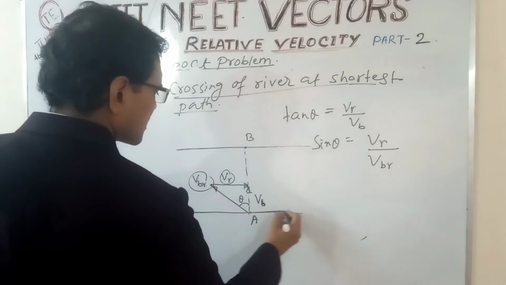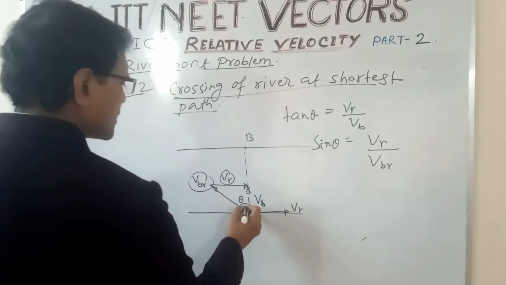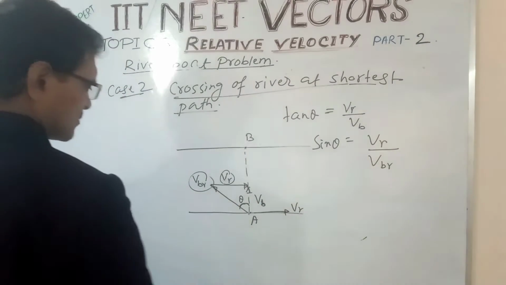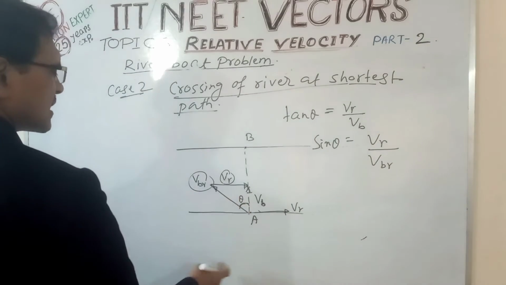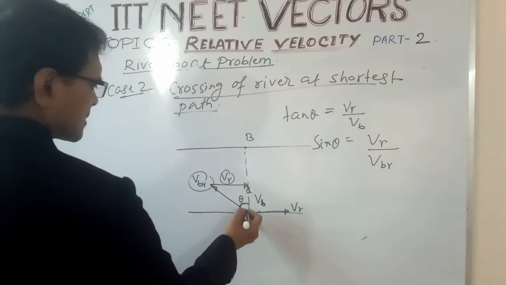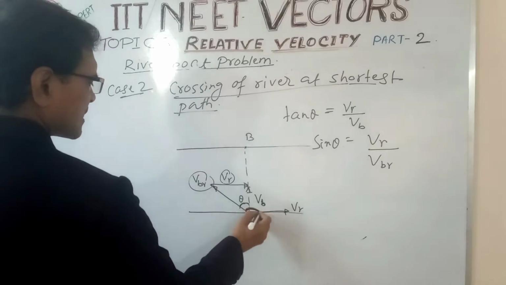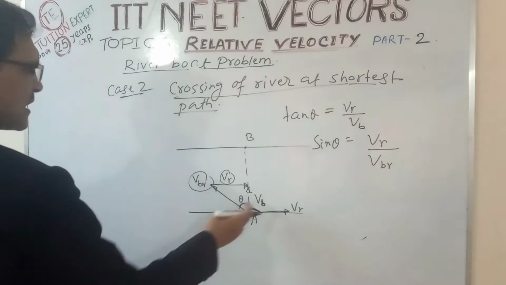So now this is the direction of VR. If we get theta, then you need to express the direction with respect to the river. So this angle you have to mention. This angle will be 90 plus theta.